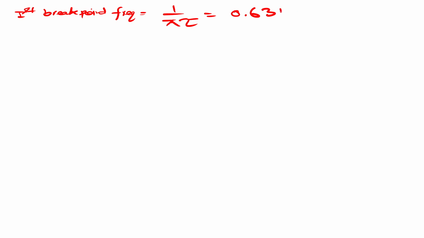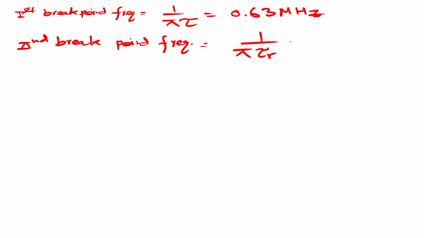So now using this we can find out the first breakpoint frequency, which is given by 1 by pi tau. When we solve this we get 0.63 megahertz, and when we solve the second breakpoint frequency, which is given by 1 by pi tau r, we get 15.915 megahertz.